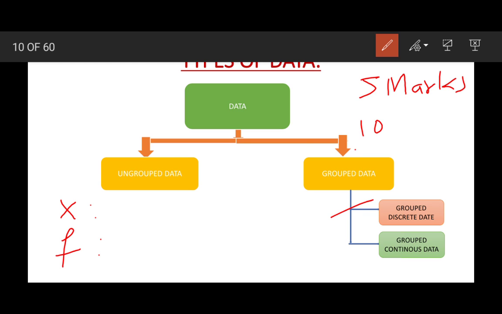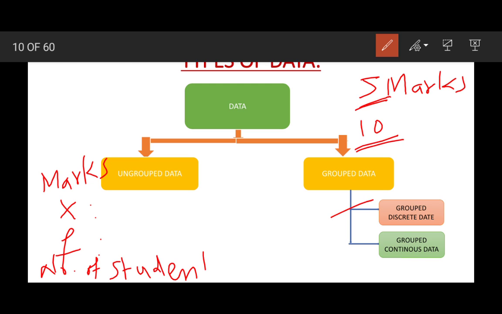So the total number of students is 10. X means marks and f means number of students.